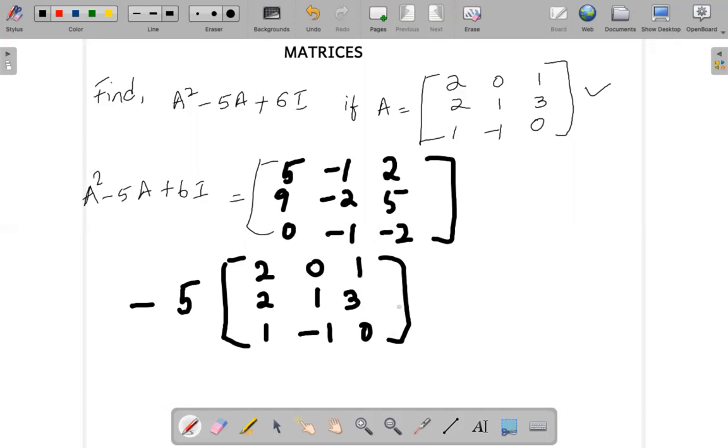And plus 6 times I, which is 6 0 0, 0 6 0, 0 0 6. Let's find that.